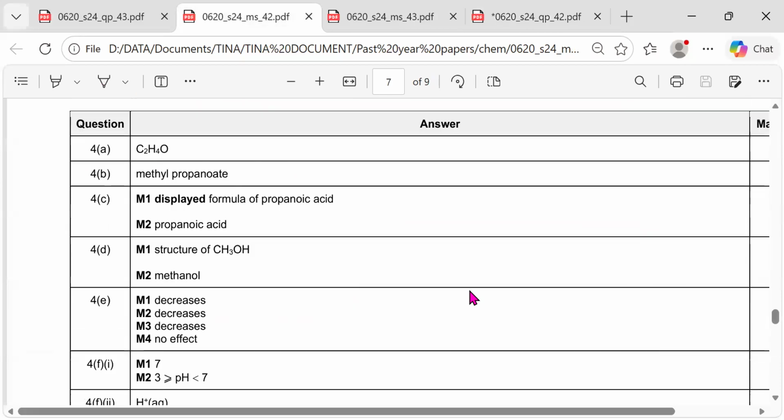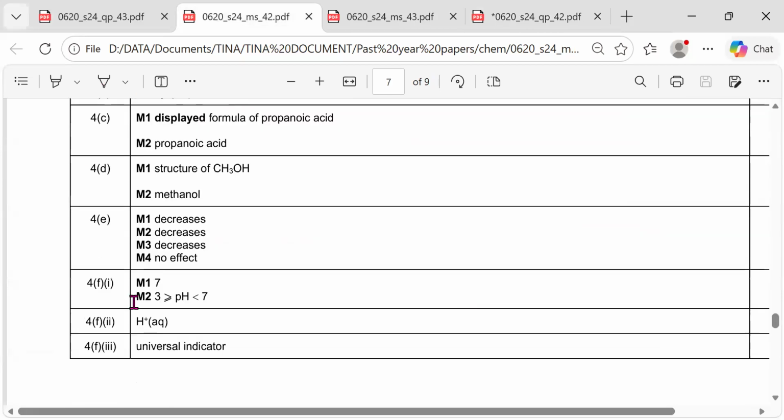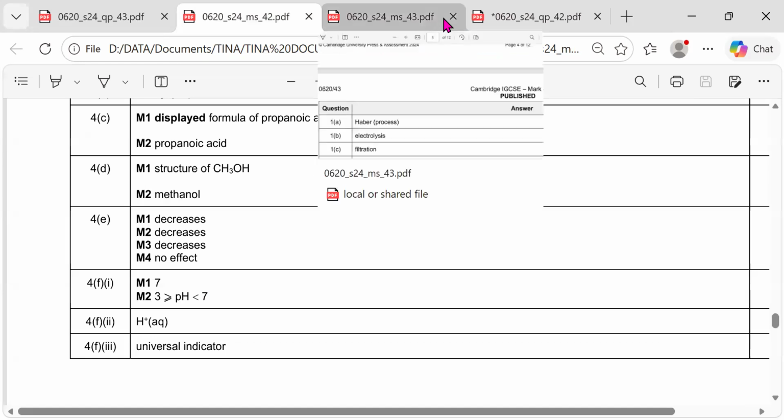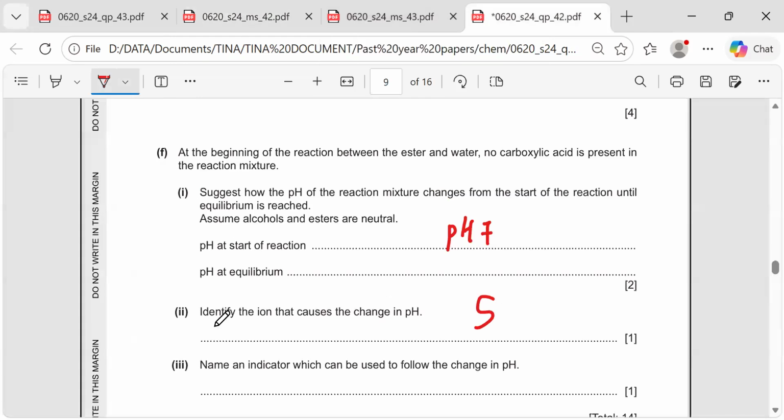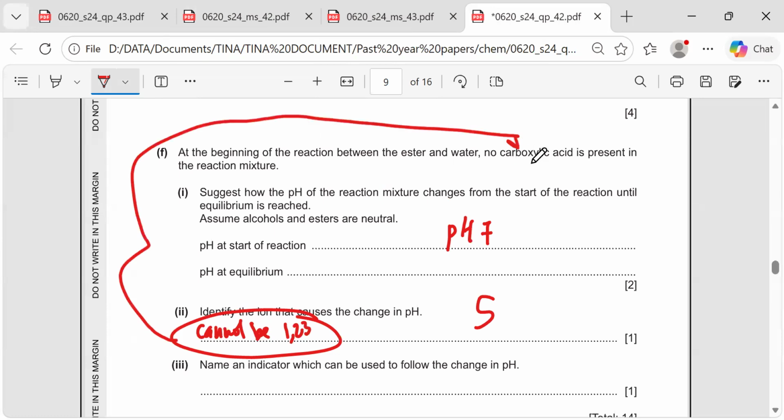Above 3. Above 3, less than 1 cannot. It's a weak acid. Answer 5, right? So 5 lah. Cannot be 1, 2, 3. Why? It becomes a weak acid.